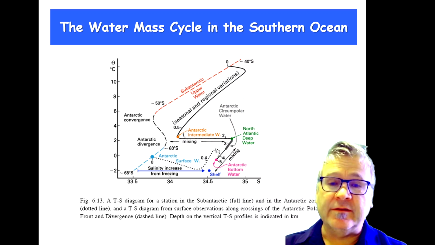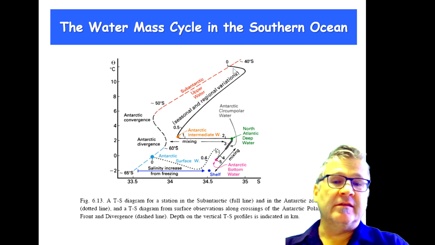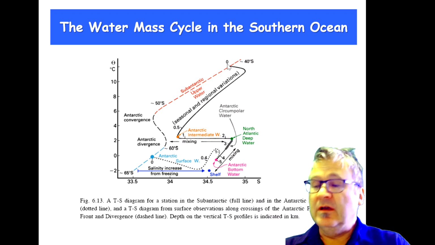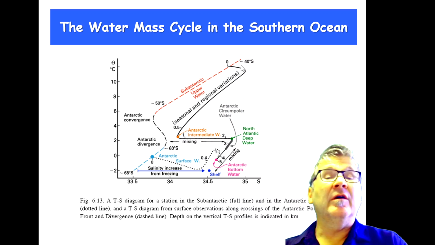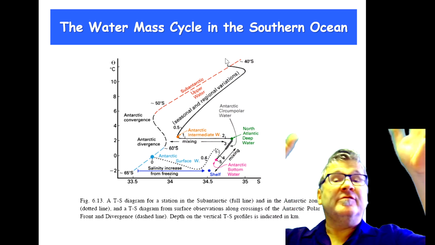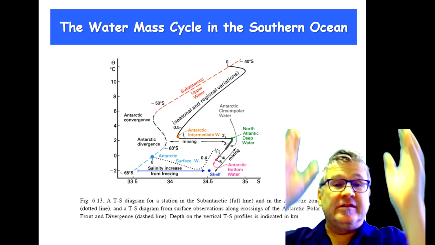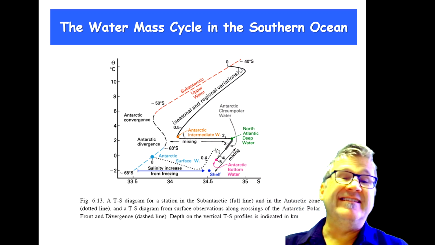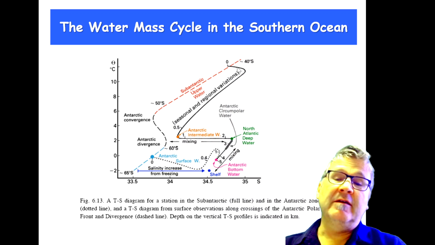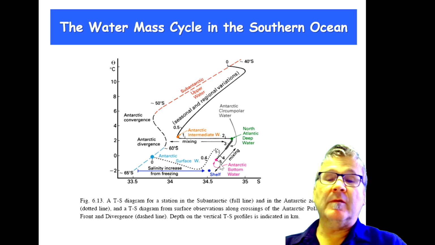So for example, if you start at the surface of the Southern Ocean, and we are looking at this black curve, this is the water mass. As you go from the surface into the depth of the ocean, it becomes colder. So all that happens is you move downward in this diagram, from the surface to the bottom.